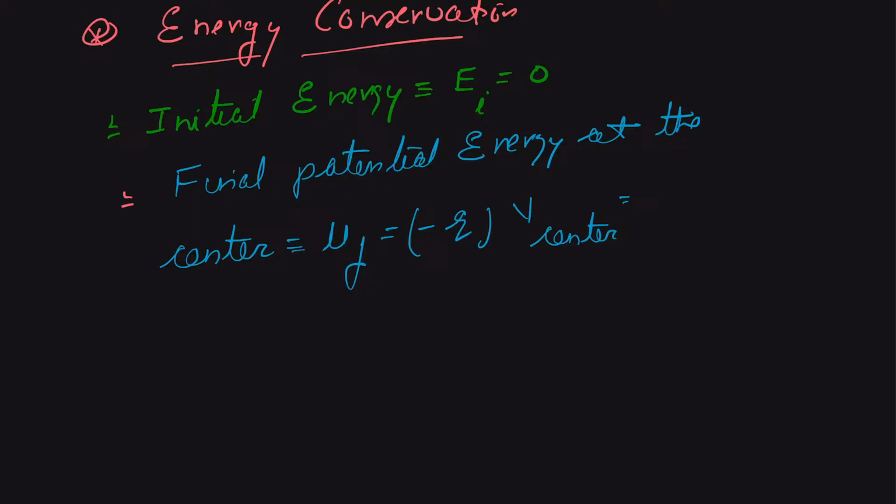And so we can write this as minus 1 upon 4 pi epsilon naught q multiplied by capital Q upon R.